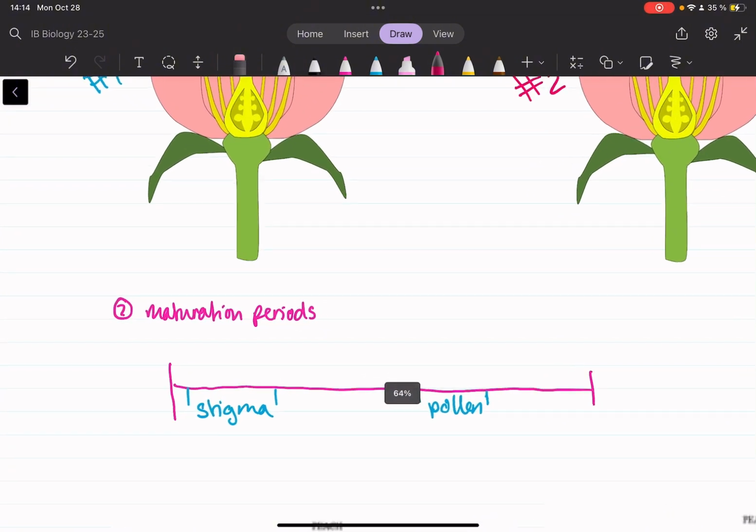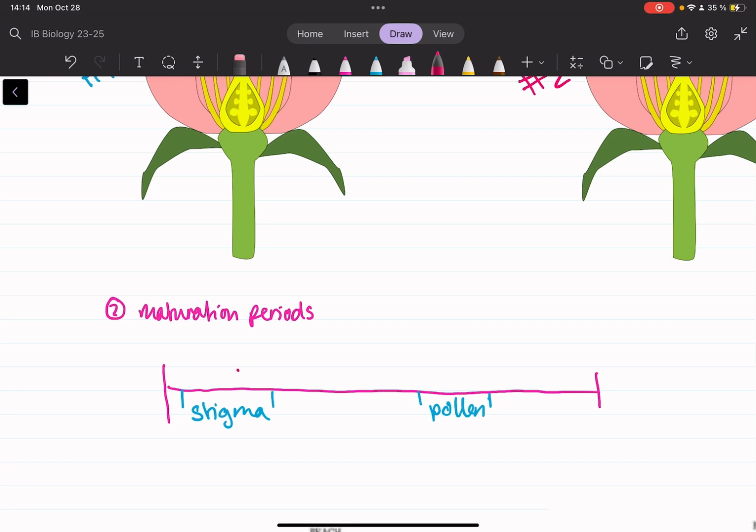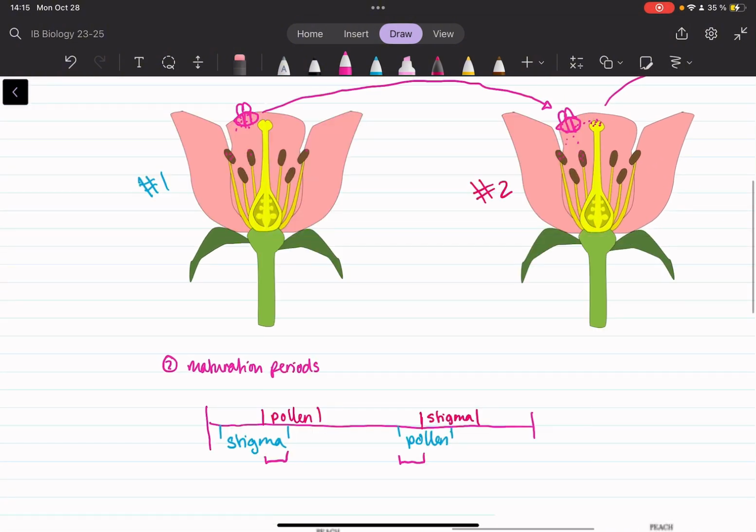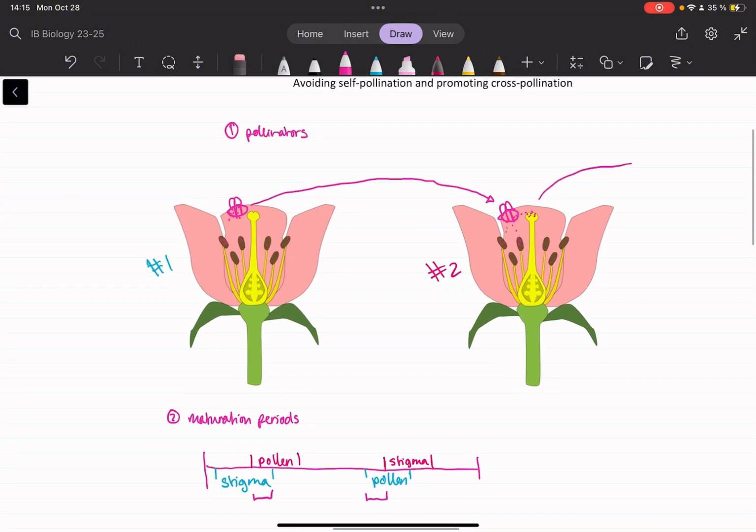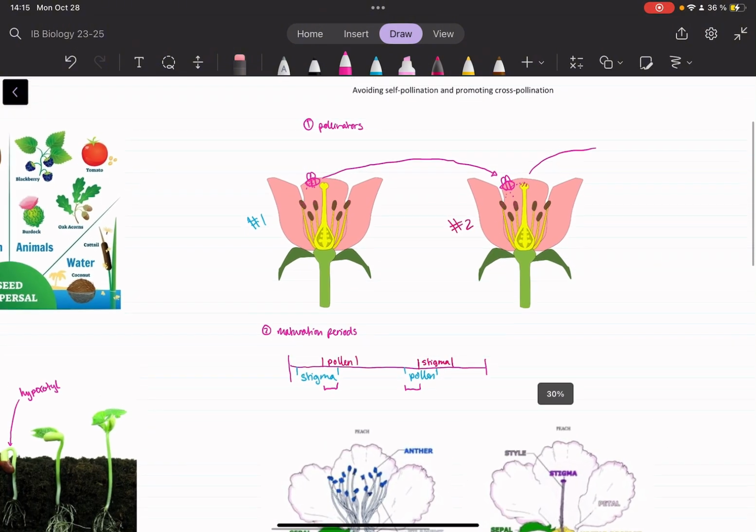However, let's say on flower 2, the pollen matures at around this time and the stigma matures at around this time. Now you've got 2 periods in which flower 1 and flower 2 can procreate, right? Because the stigma and the pollen will be mature at the same time. So that's how it avoids self-pollination and also promotes cross-pollination.